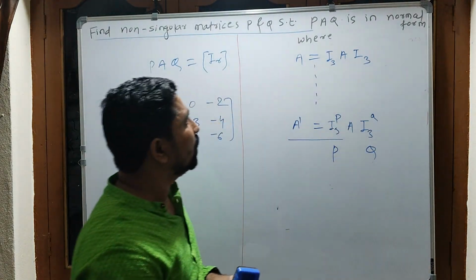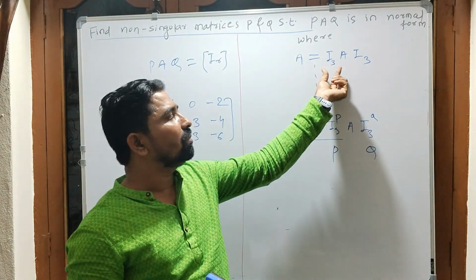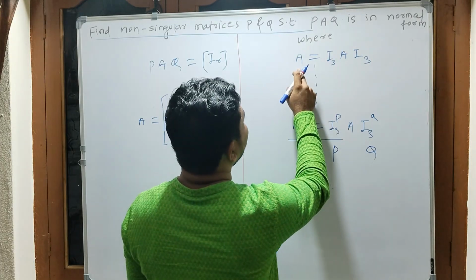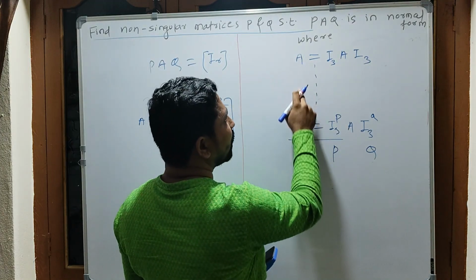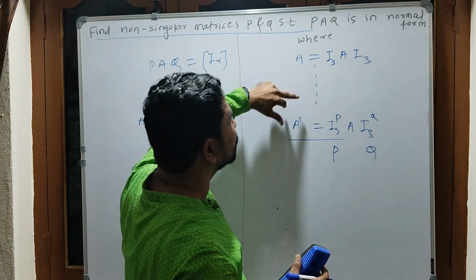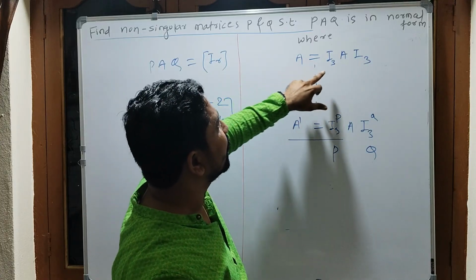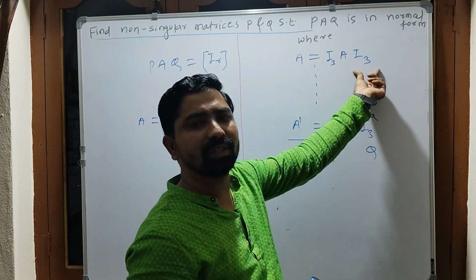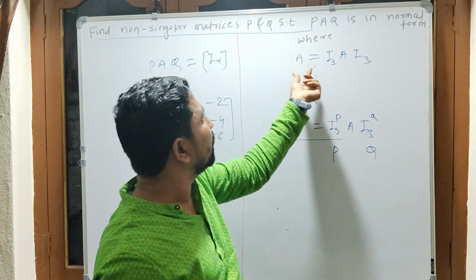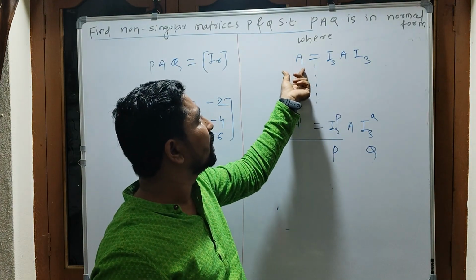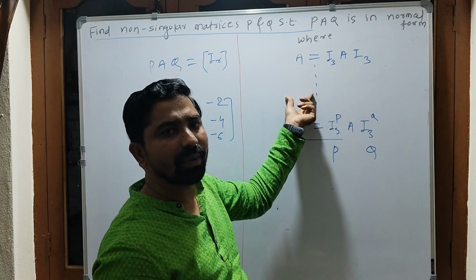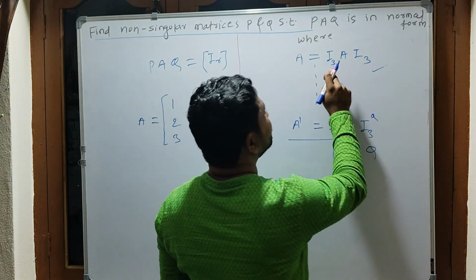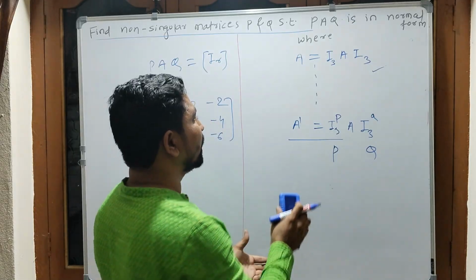Keep one thing in your mind. Whenever you apply an elementary row operation while converting the matrix into the normal form, make the change in the left matrix and the right matrix remains the same. Whenever you apply an elementary column operation, make the change in the right matrix and the left matrix remains the same.